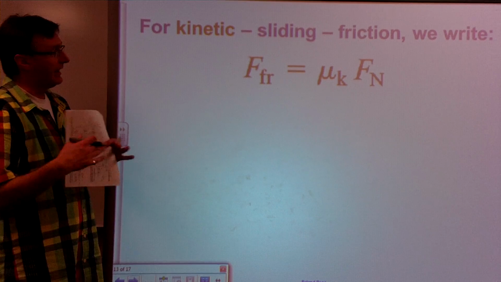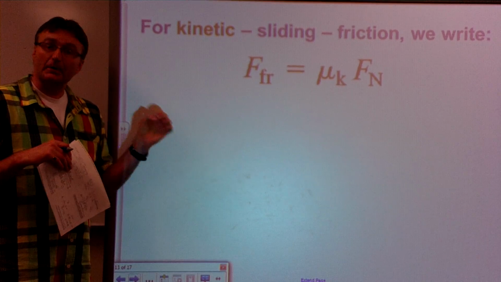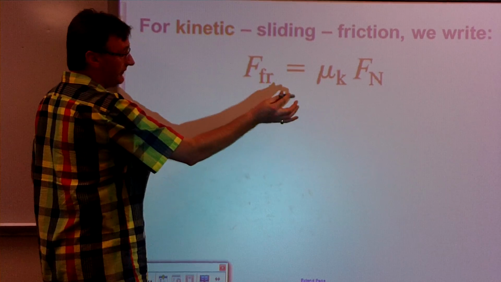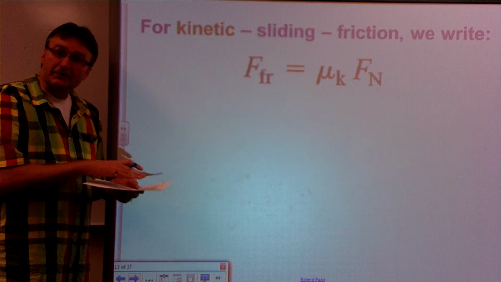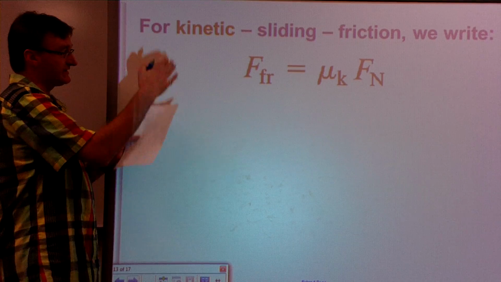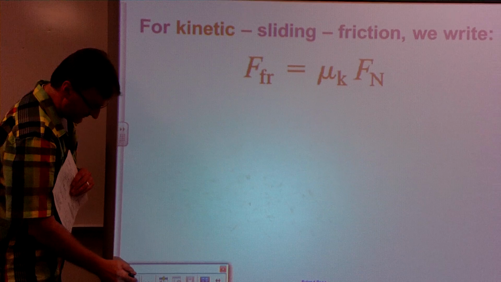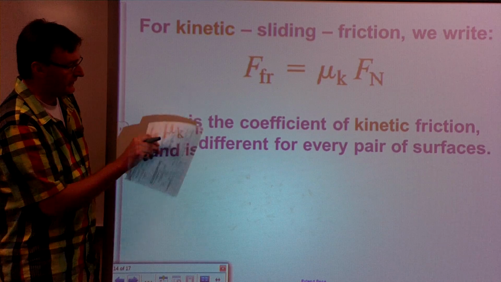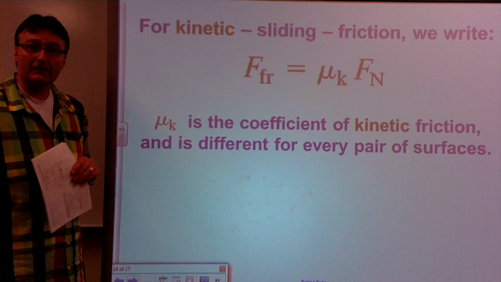And so you can see the forces of friction are obtained in the same way, but we have different coefficients for when the surfaces are in contact or when the surfaces are sliding. So we have a static coefficient, and we have a kinetic coefficient as well. The kinetic coefficient is the coefficient of kinetic friction and is different for every pair of surfaces.